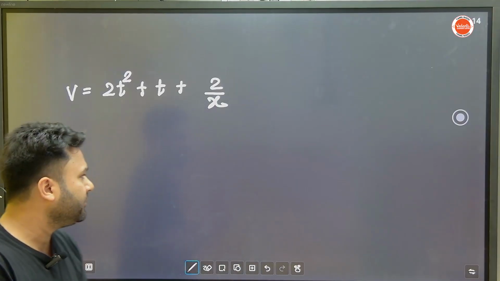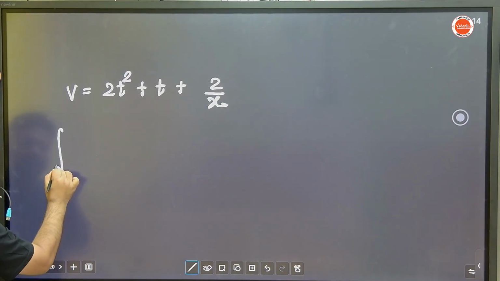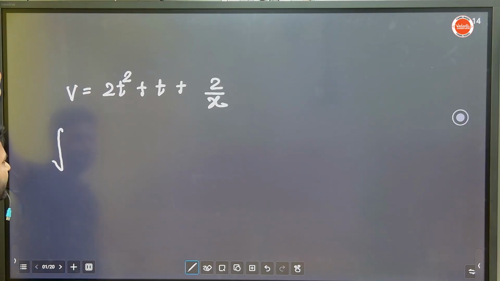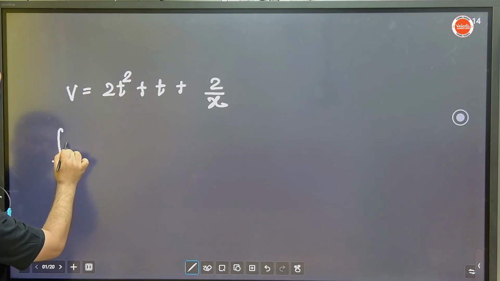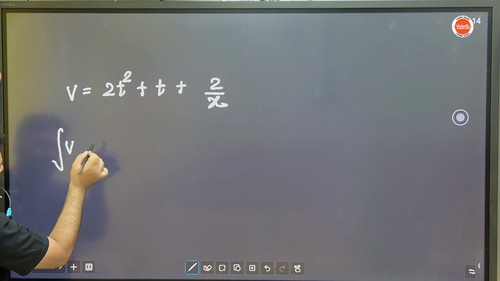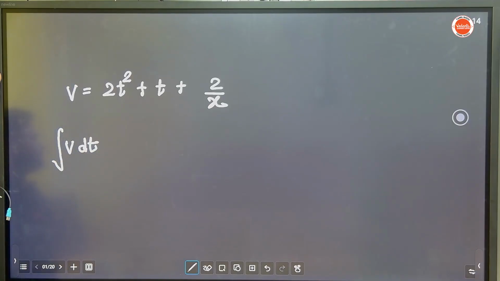Again, I'm trying, how you should write? You should write integration of v, it depends upon t, so you write dt. You can remember like this, v depends upon t. So v dt.